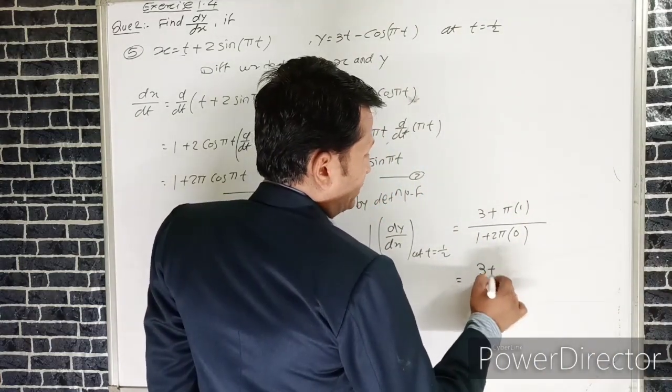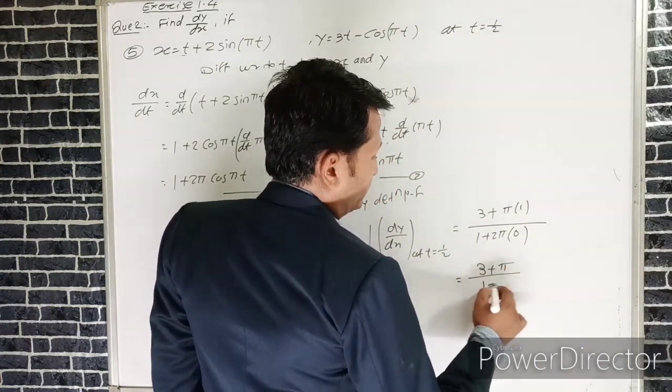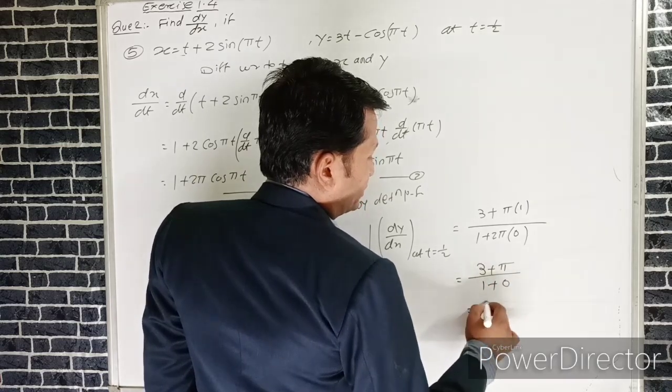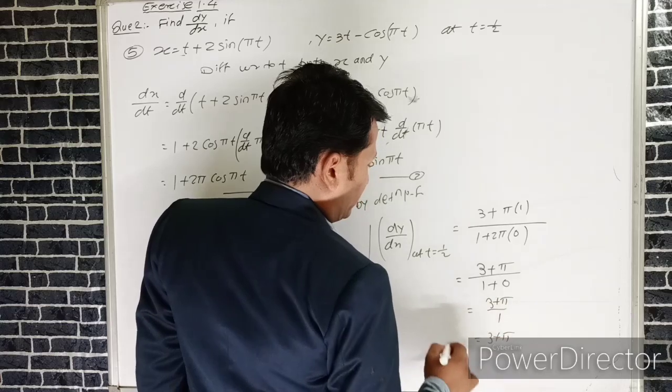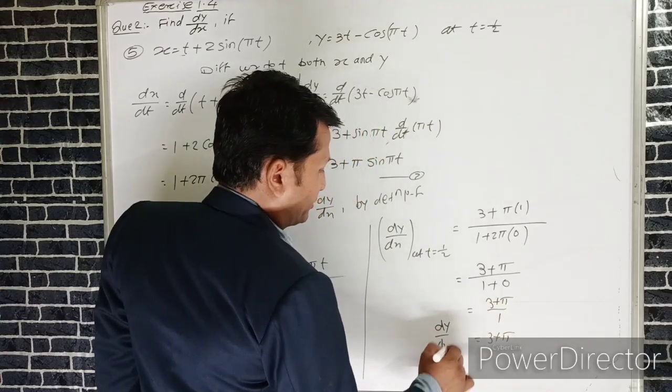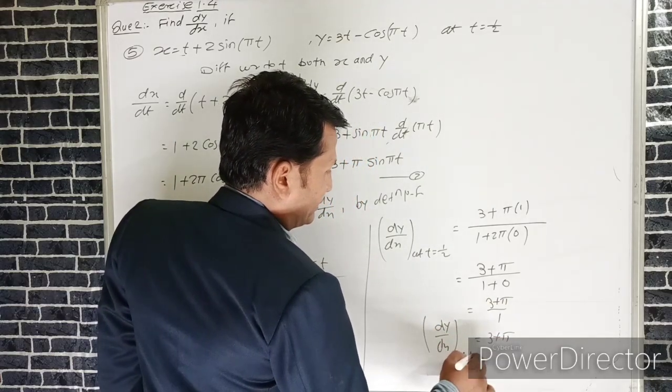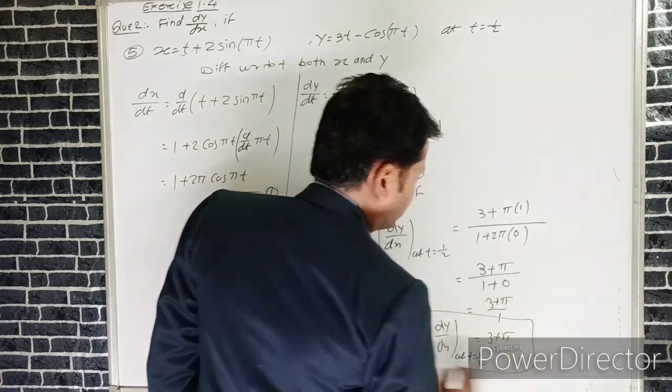That equals 3 plus pi upon 1, which is 3 plus pi, the required derivative dy by dx at t equals 1 by 2.